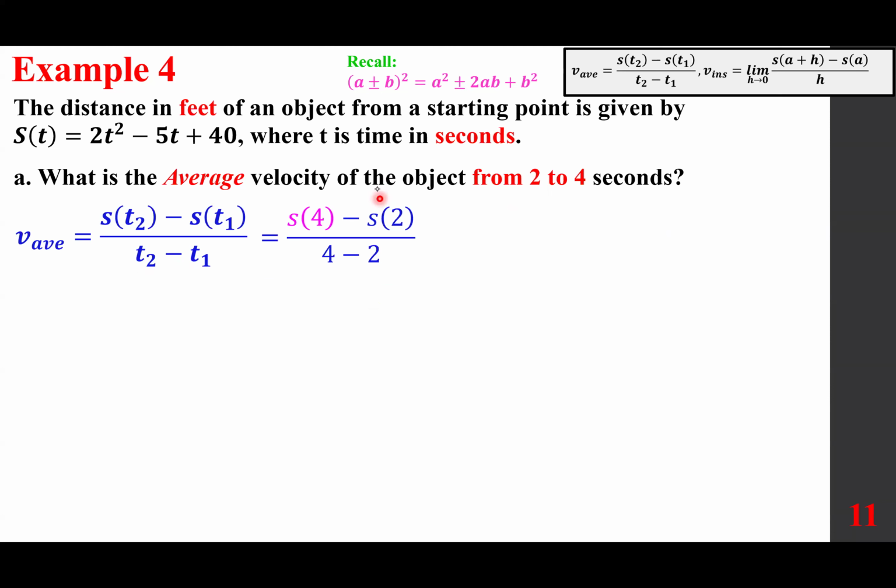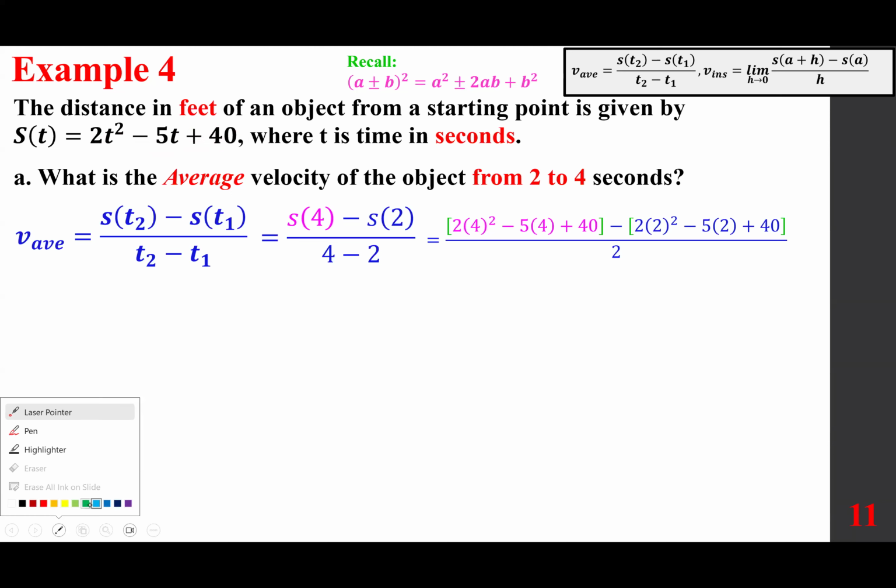So let's plug in 4 and 2. The denominator obviously is 4 minus 2, 2. So let's plug in 4. We get 2 times 4 squared minus 5 times 4 plus 40. Minus, let's plug in 2: 2 times 2 squared minus 5 times 2 plus 40. So 2 times 4 squared, this is 16, this is 32, minus 20 plus 40.